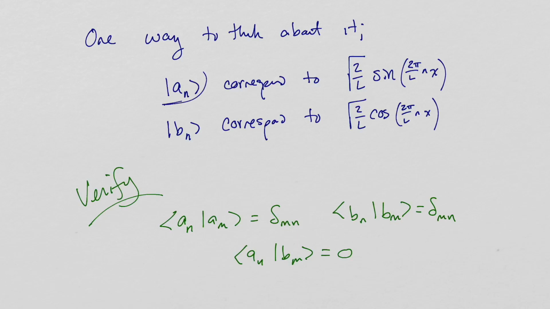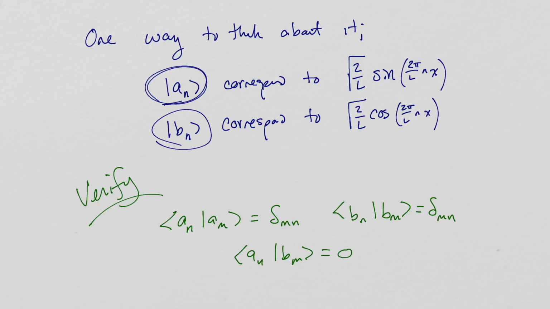where my little a sub n basis vectors correspond to the sine, and the little b sub n basis vectors correspond to the cosines. Again, using Mathematica or exact integrals or however you want to do it, you can verify that these all together make up a great basis, because a sub n dotted with a sub m is proportional to a Kronecker delta, the same with b, but if I try to dot an a with a b, I also get 0.